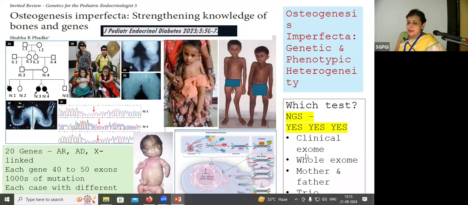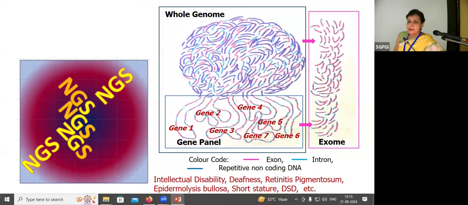You can send clinical exome or whole exome, and preferably mother, father, and child together should be sent as a trio. So what is whole genome and whole exome? This is a diagrammatic representation, and these pink colors are exons and blue are introns.